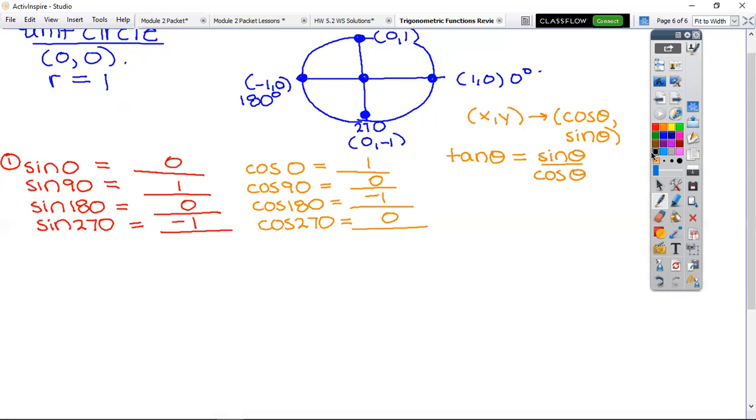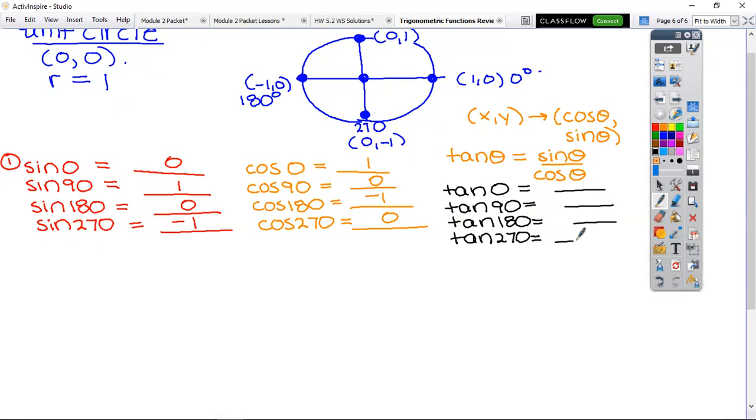So next I am going to do tangent. So I am going to do tan of 0, tan of 90, tan of 180, and tan of 270. And there is something a little bit different that occurs with tangent that sine and cosine didn't exhibit. Okay, so tan of 0 is sine divided by cos. So ready? 0 divided by 1 is 0.